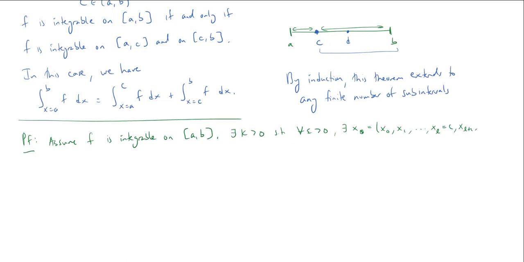And then I can keep going. Okay, and so this is a partition of the interval AB, such that, well, I don't want to just pick any partition. I want one for which the difference of the upper and lower sums is less than k times epsilon.